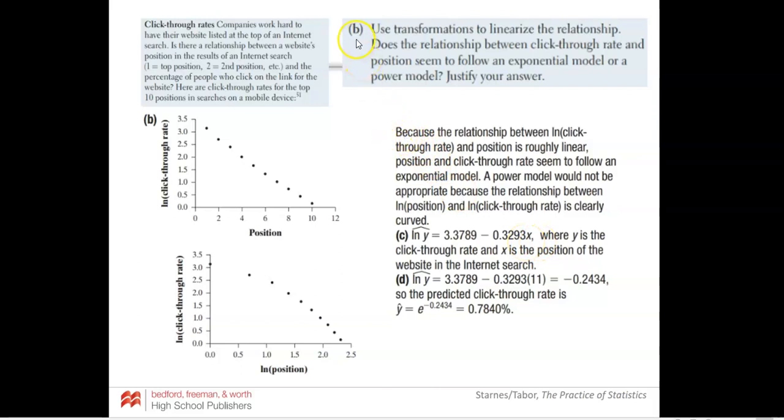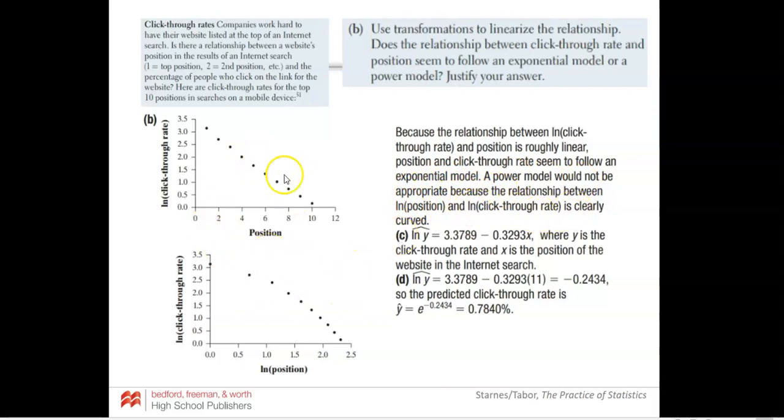I thought answer choice B was interesting here. Is it exponential? Because the relationship of natural log of click-through rate and position is roughly linear, click-through rate seems to follow an exponential model. A power model would not be appropriate because the relationship between the natural log of position and the natural log of click-through is clearly curved.